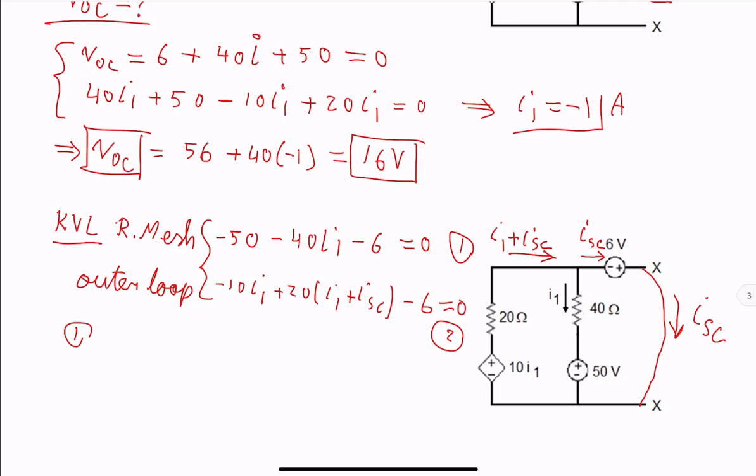From equation 1, we find I1, and it's equal to negative 1.4 amps.